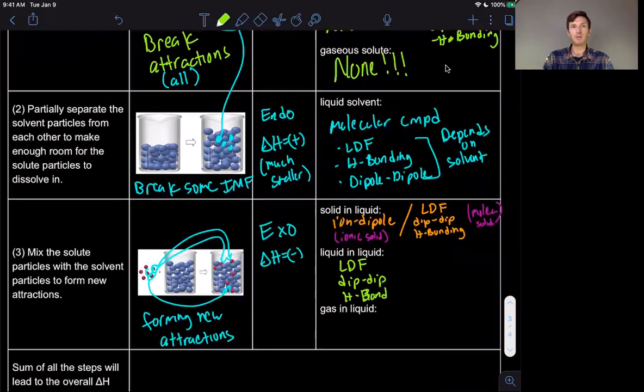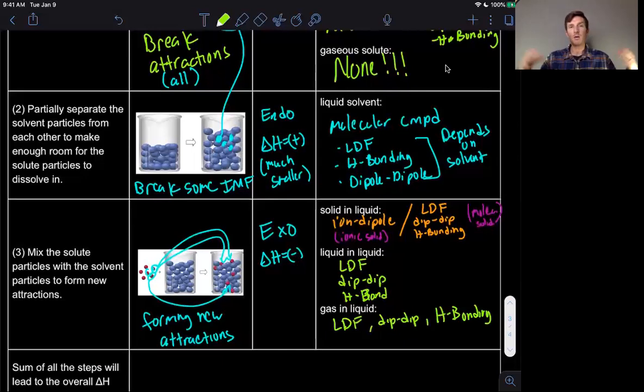And as we take a gas and dissolve it into a liquid, depending on what the gas and the liquid are, we're going to have those three types of intermolecular force attractions present that weren't there before: London dispersion force, dipole-dipole, or hydrogen bonding.